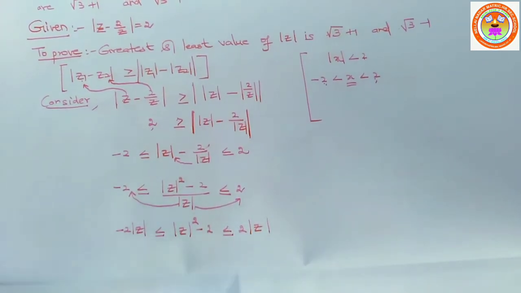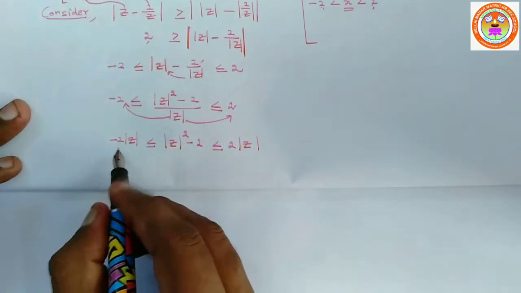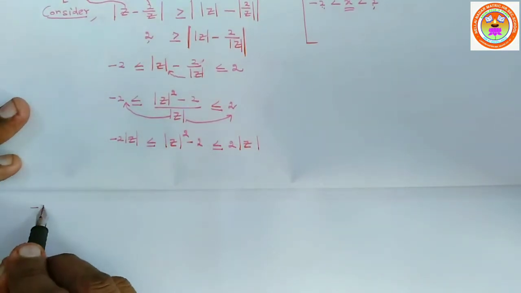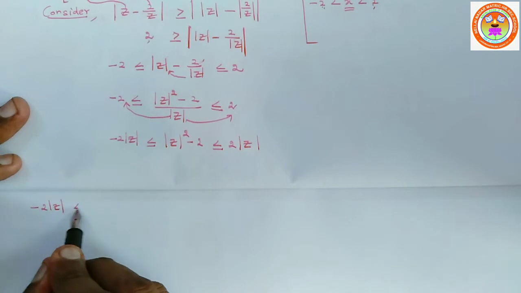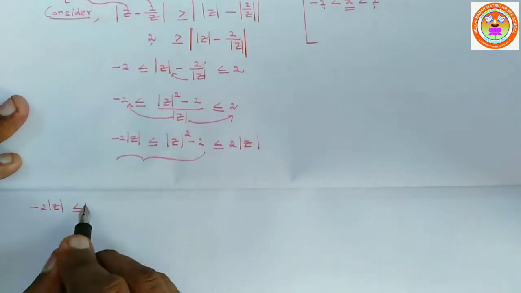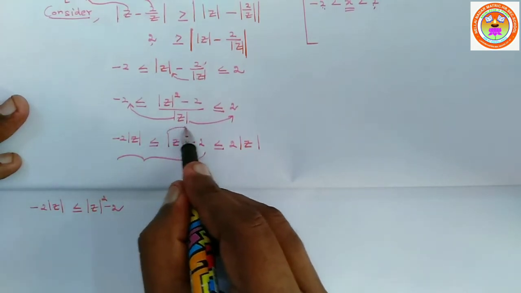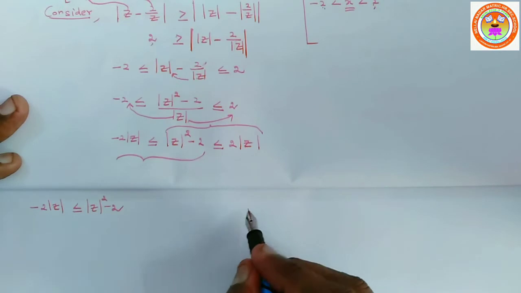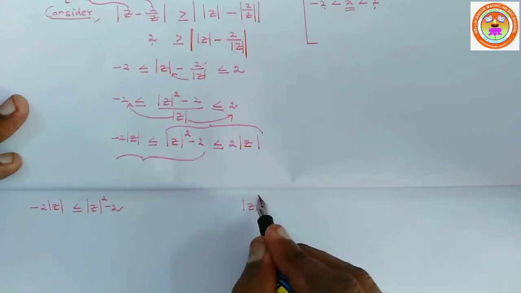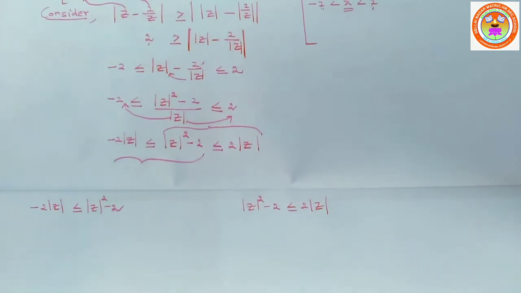This part can be divided in two ways. What is the first way? The first way is minus 2 modulus of z less than or equal to this part alone, modulus of z square minus 2. The second part is from here to here: modulus of z square minus 2 less than or equal to 2 into modulus of z. That's all.